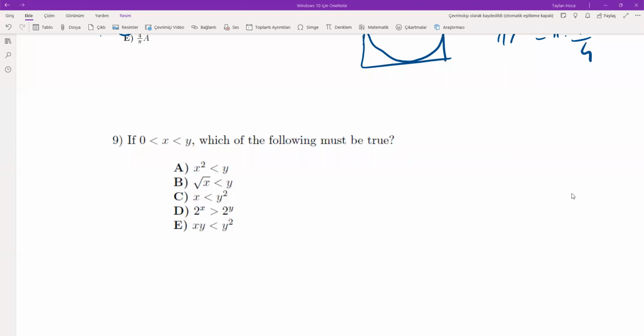Okay. So you all think that, not all, but most of you, okay, I get it. C is getting more and more strong. You think that x is less than y. How can x not be less than y squared?